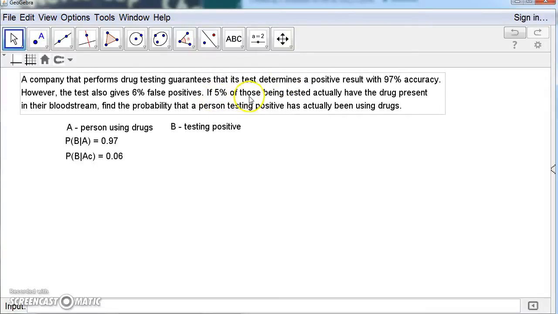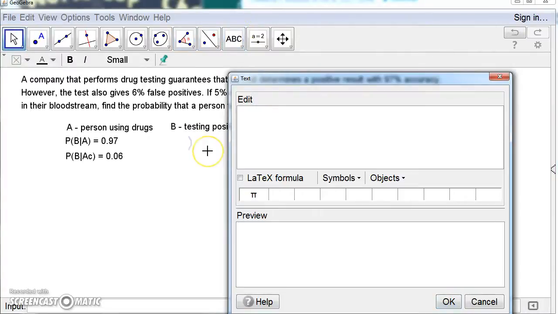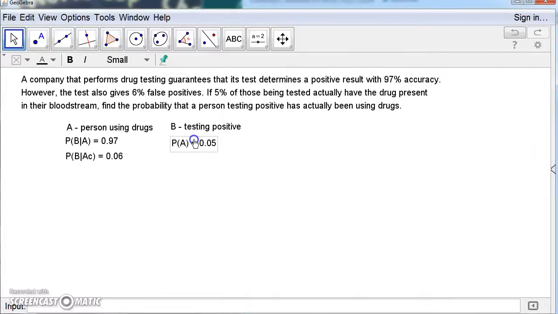Now, it says 5% of those being tested actually have the drug present, right? So maybe this is like a medical study or something where they offer a placebo to the other 19 people out of 20 and only 5% actually has the drug. So let's determine that as well. The probability of A is 0.05, right? So only 5% of people actually have the drug present in their bloodstream.